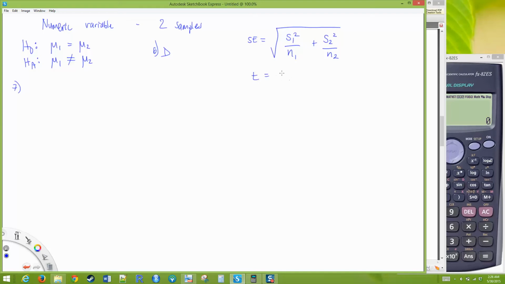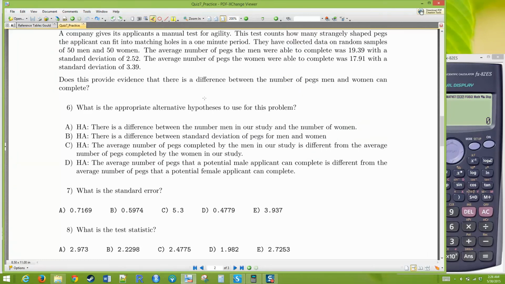Our test statistic T is going to be x bar 1 minus x bar 2 divided by our standard error. So for number 7, let's go through the problem and identify S1 and N1 and S2 and N2 so we can put in the formula for our standard error.